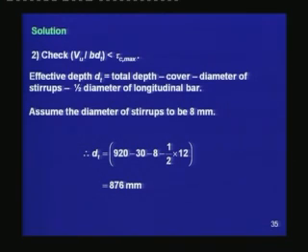Thus, dt is equal to the total depth 920 minus the cover, which is 30, minus the diameter of the stirrups, which is 8, minus half of the diameter of the longitudinal bar, which is 12, and it gives the effective depth equal to 876 millimeters.